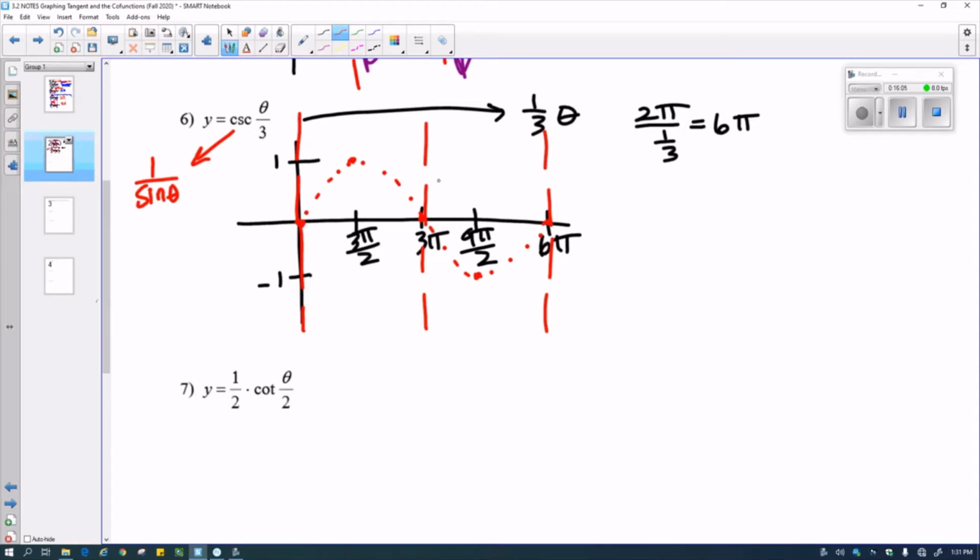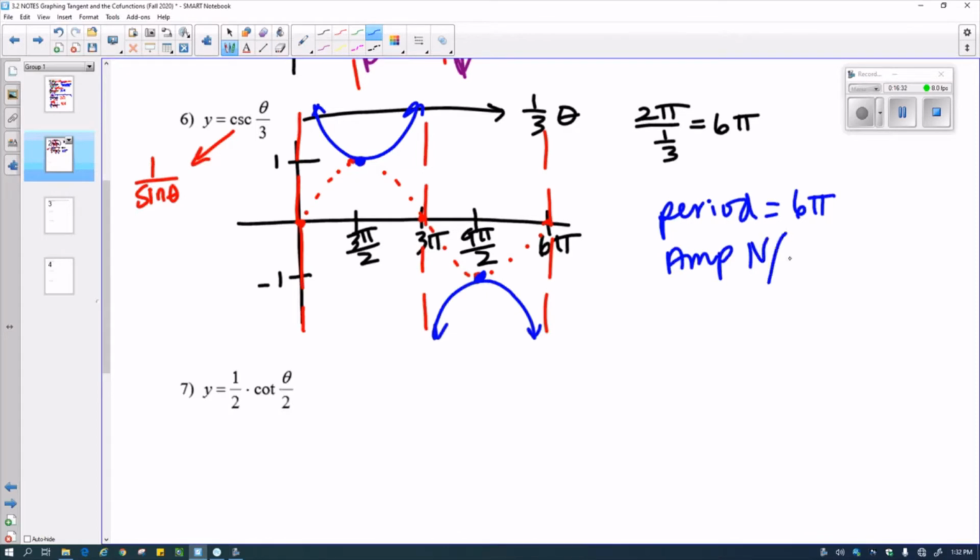And then my cosecant is the reciprocal of the sine. They'll share that tippy top point and then flip, and they'll share the very low point, and then it flips in the opposite direction. The period of this graph is exactly what the period of sine would be, 6 pi, but the amplitude of this graph is not applicable.